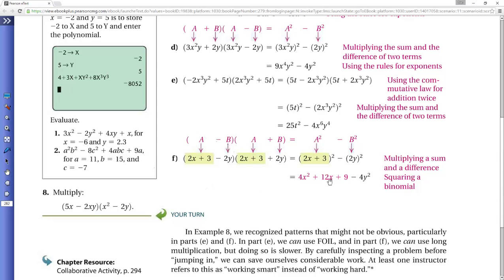Now, here is a very, very useful thing. Because difference of squares is such a nice thing, we should look for opportunities to make that happen. In this case, it's a little more complex. But they notice something here: I have 2x plus 3 minus 2y times the quantity 2x plus 3 plus 2y. This first addition is the same as this first addition, and then it's subtracting the second part.